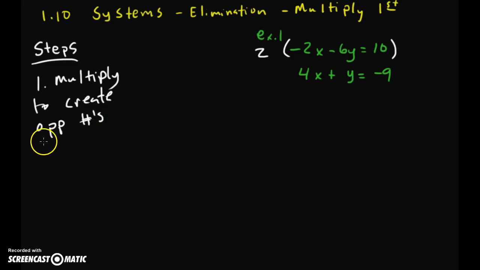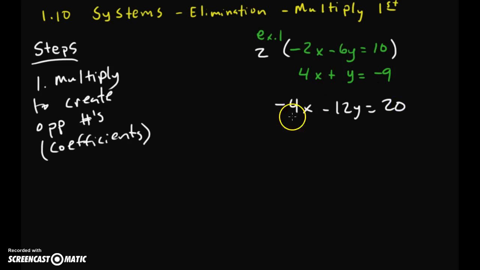Instead of opposite numbers, the mathematical word is coefficients, and those are the numbers in front of variables. Let's multiply this top equation. We get -4x minus 12y equals +20, and then we can bring down 4x plus y equals -9.